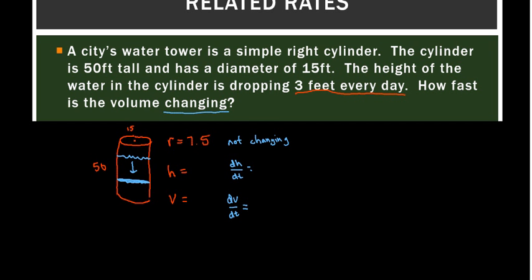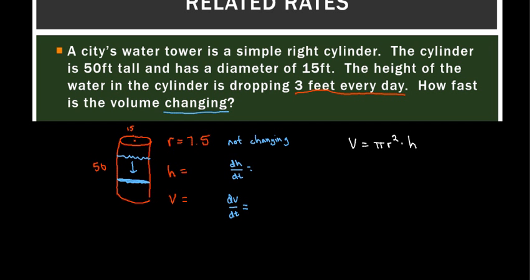Now we can start thinking about some equations. What equation can we use here that relates all three of these variables? The volume equation. The volume of a cylinder is pi r squared times height. As you can see, we got all three of our variables here.